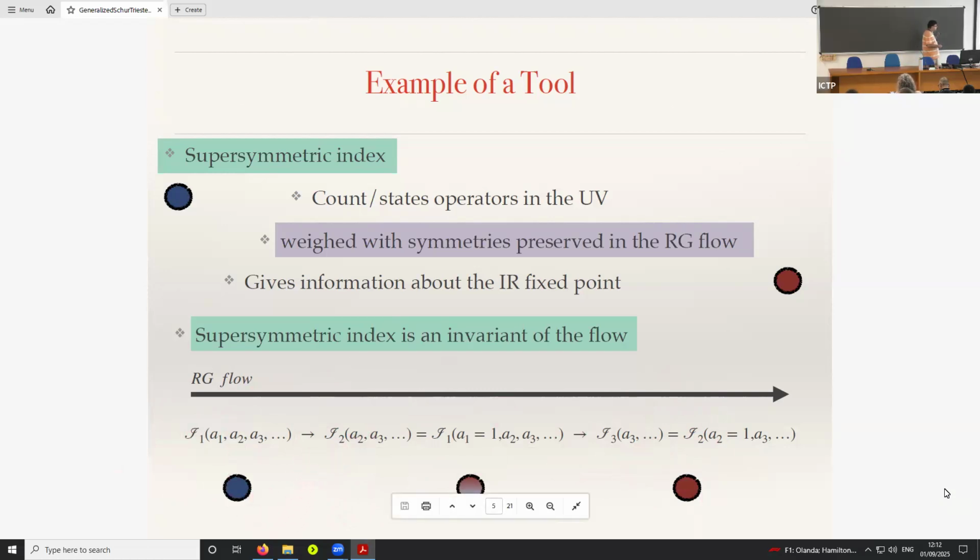Usually we think that when we go from UV to infrared, we lose information. But importantly, we have some information which remains, which tells us about the original fixed point, and there might be more information than we can naively guess. Okay, so that will be the surprise that I'm going to tell you about.